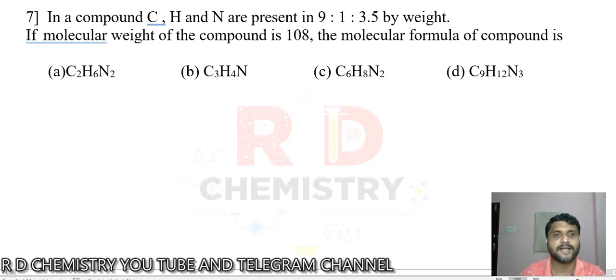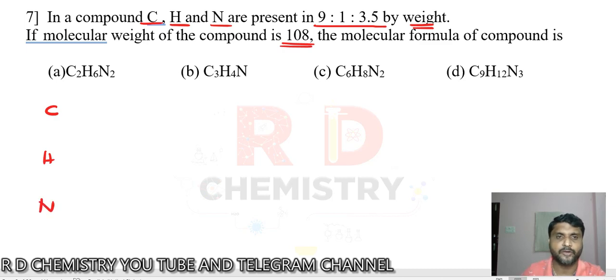Seventh question. In a compound, carbon, hydrogen and nitrogen are present in the ratio 9:1:3.5 by weight. If the molar mass of the compound is 108, find the molecular formula. So we have carbon, hydrogen and nitrogen, correct? The ratio 9:1:3.5 is by weight, in terms of grams.